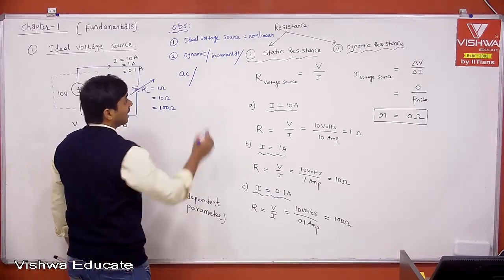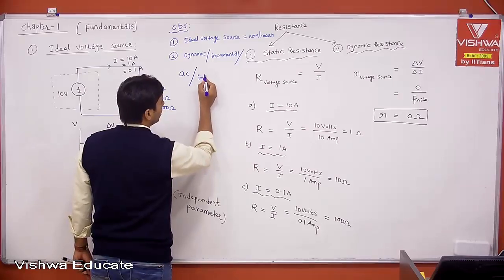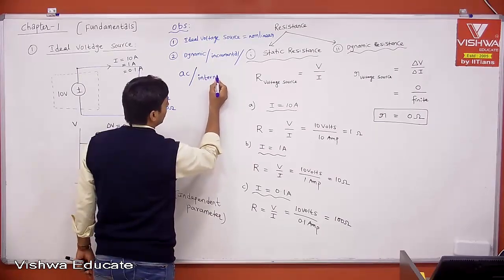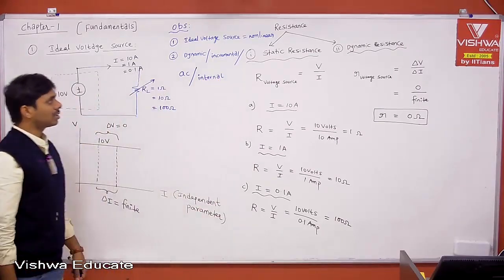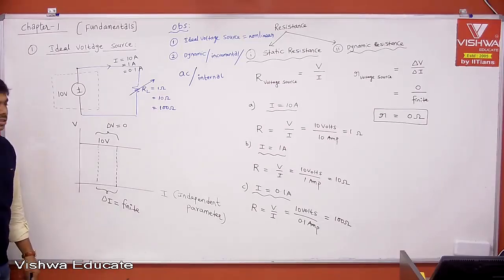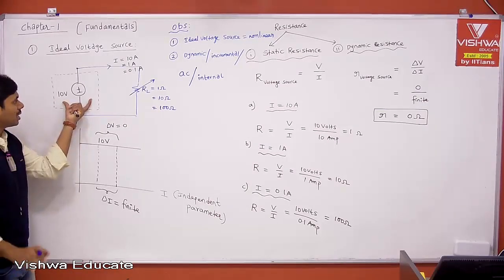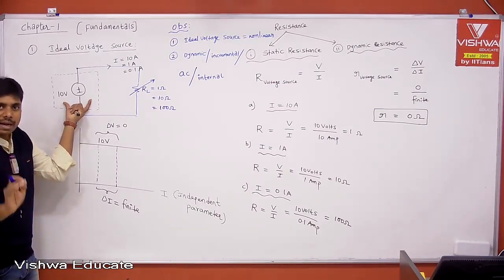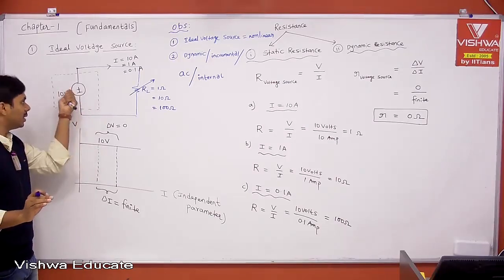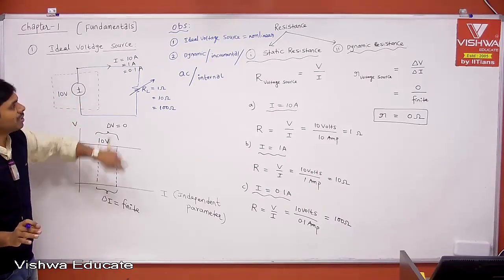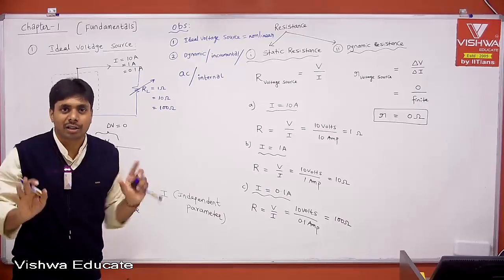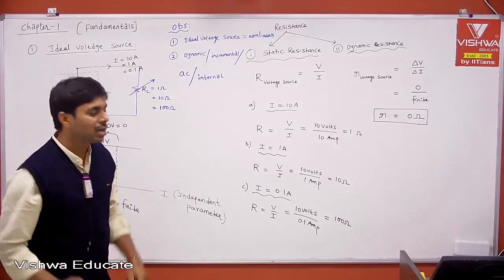Or internal resistance. Why is it called internal resistance? Actually your voltage source is not a resistor. It is a battery, but internal to it we equivalently represent it with a resistance. It's not a resistor. That's why this is an internal parameter.